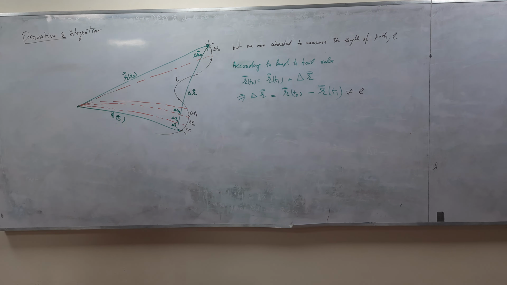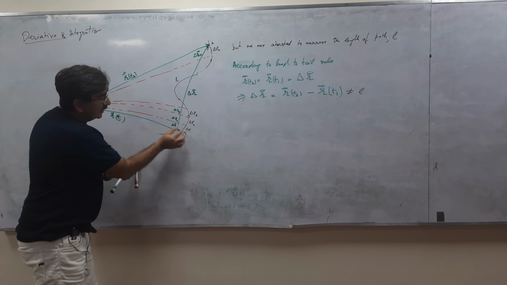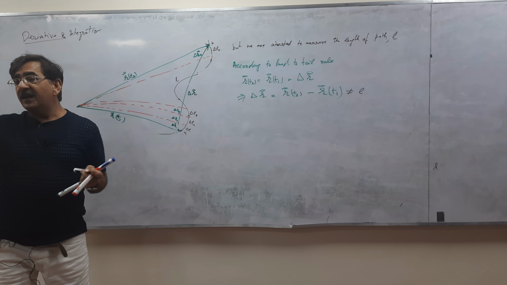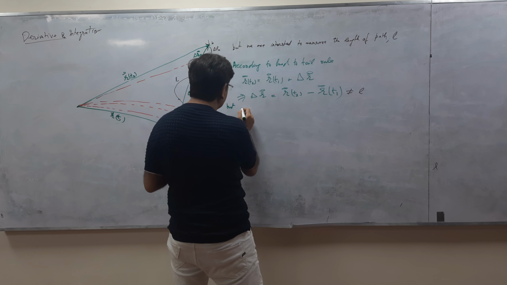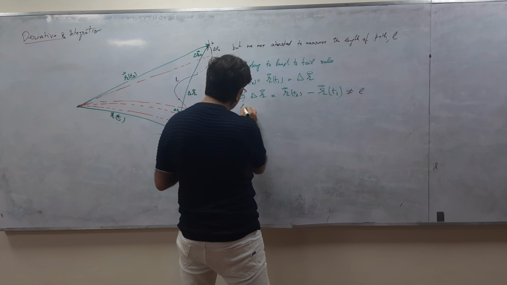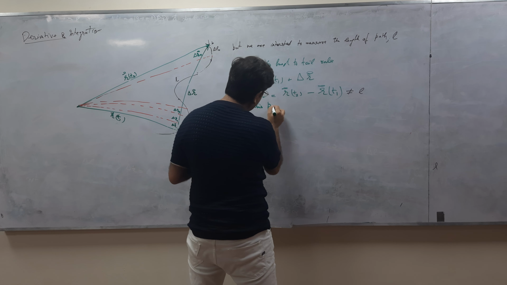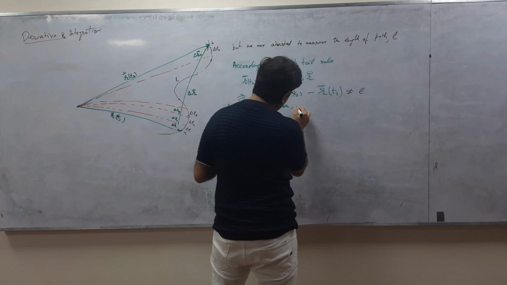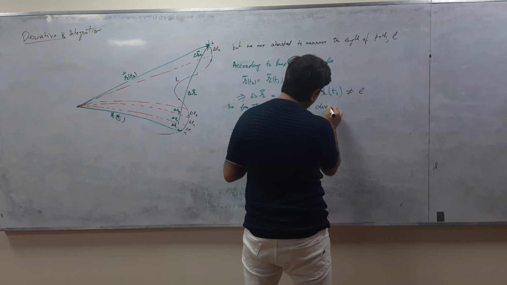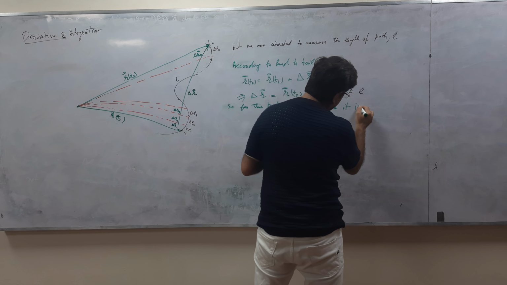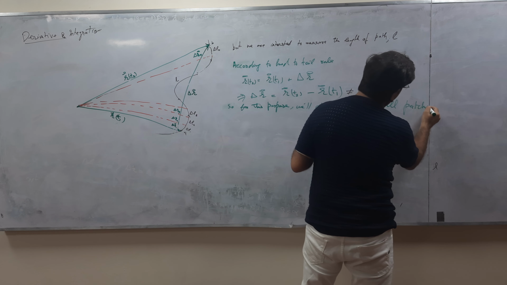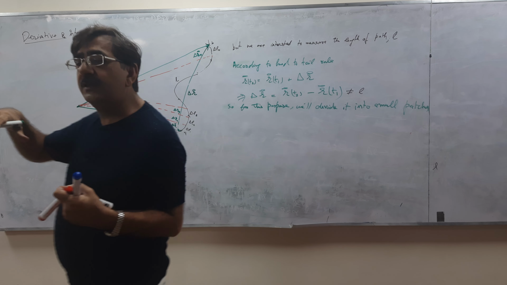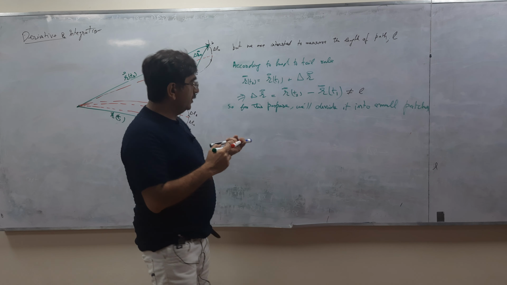Now the problem is that delta R is a vector. So for this purpose, we will divide it into these small patches.